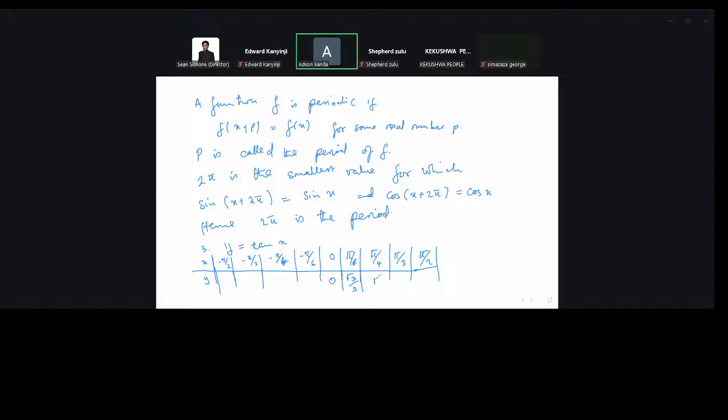What's the tangent of pi by 3? Right, so we have root 3. And then what is the tangent of pi by 2? What is the tangent of 90 degrees?